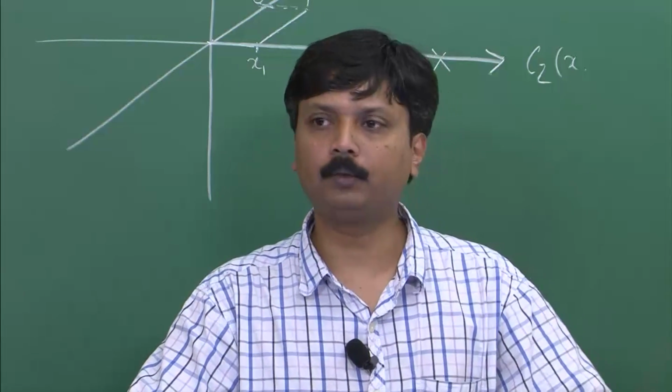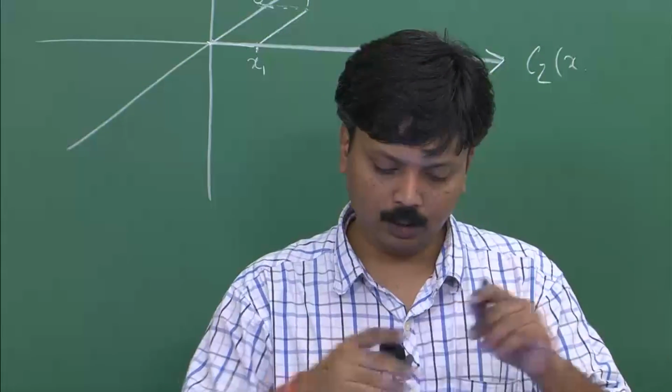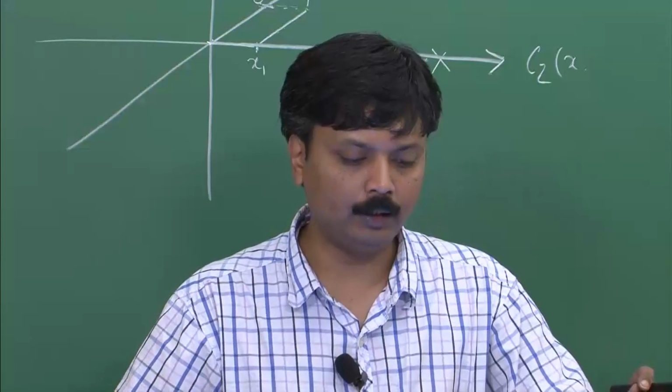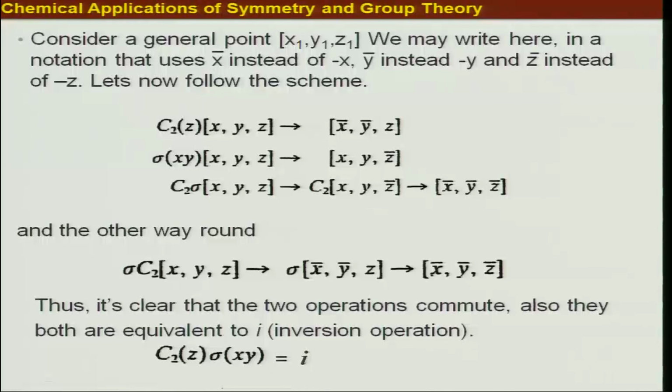Okay, so similarly we can find out using several other operations on a generalized point. Like here we operate this C2z on this x, y, z, and here instead of taking x1, y1, z1 arbitrarily, we are talking about getting minus x1 upon operation of some symmetry operation on this positive x1.